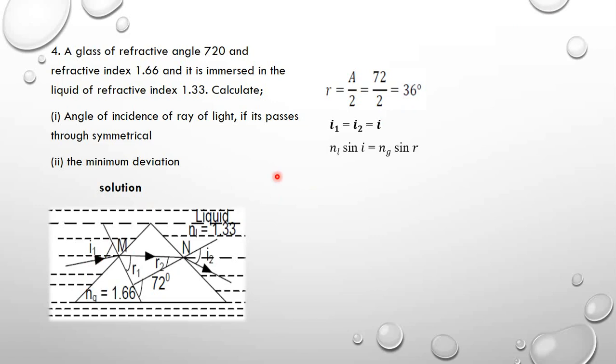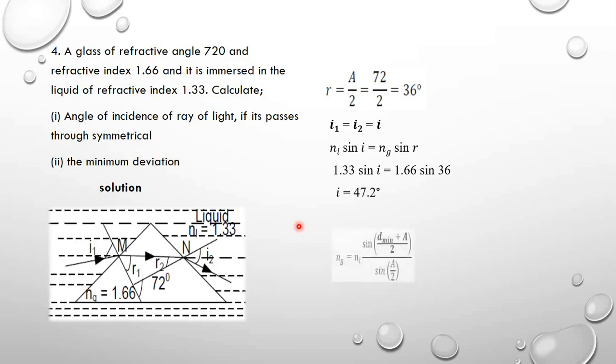And then we shall have N liquid sine I is equal to N glass sine R. NL is 1.33, NG is 1.66. And therefore we shall have that, and then make I the subject. And I is going to be 47.2 degrees.